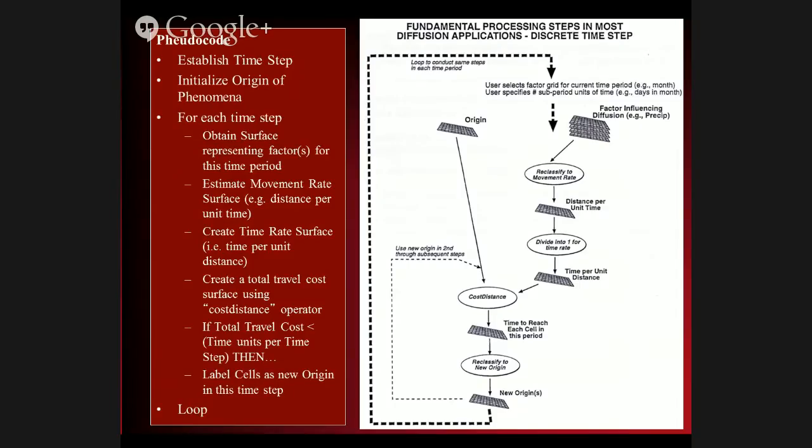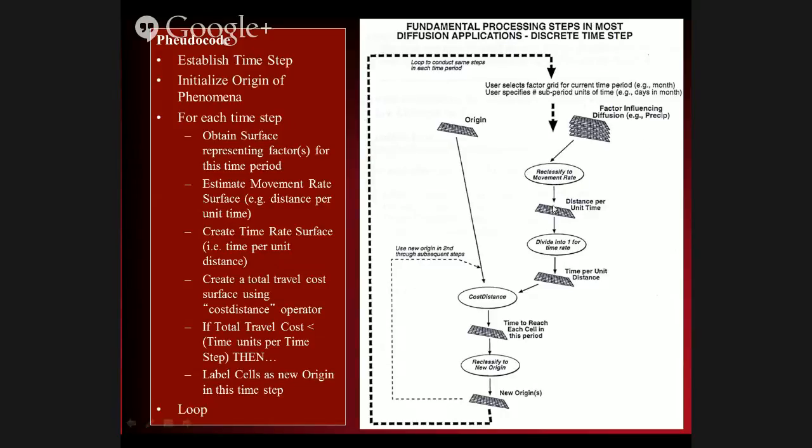All right. So now we have to deal with spatial resolution and temporal resolution. Okay. This is the generalized approach to what we're talking about. This is how to actually implement it in a raster GIS system.